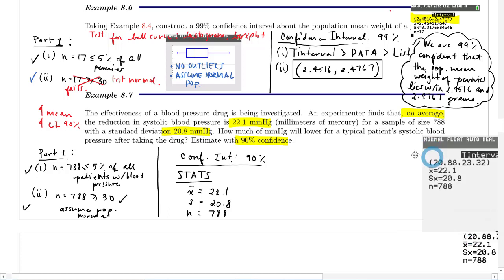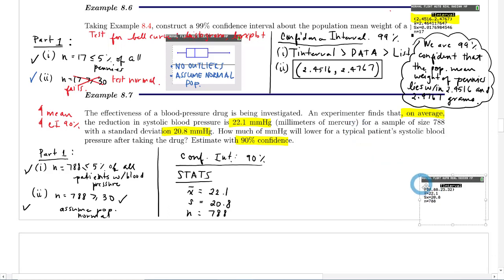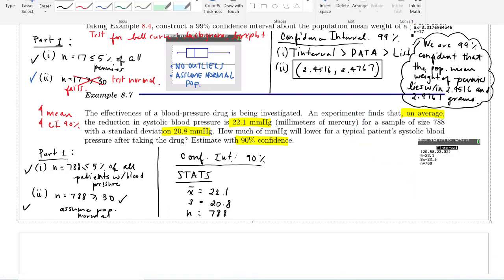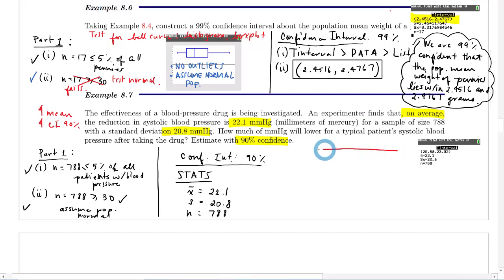So let's not forget what this means. If I wanted to draw it, I just want to kind of have you recall what this means. Right? So here's x bar, and when I subtract the margin of error and add the margin of error, I get these lower and upper bounds, right?